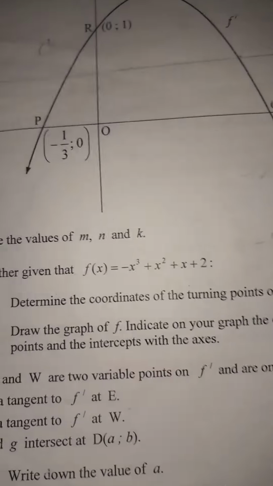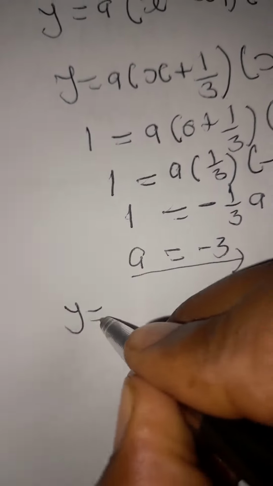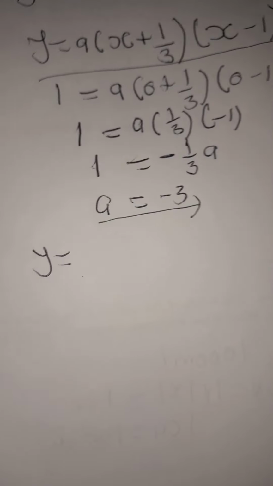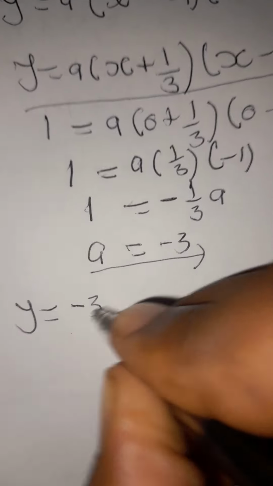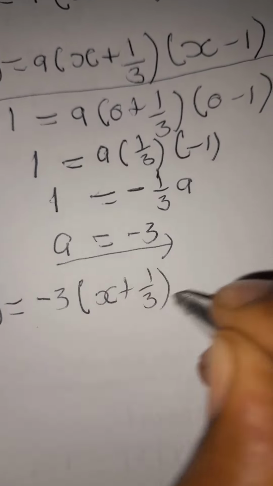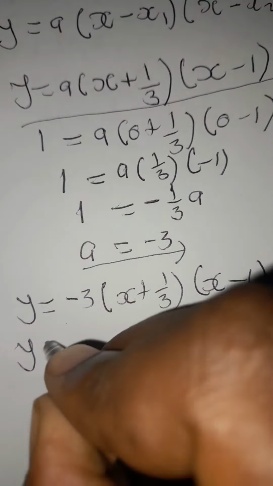Okay, but we are not done. They said we need to find the values of M and K. So how do we find those? Let's go back here and substitute. Remember that a is given as -3. Then we have (x plus 1/3)(x minus 1). The second step will be expansion.